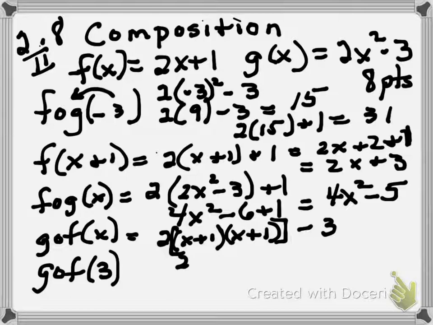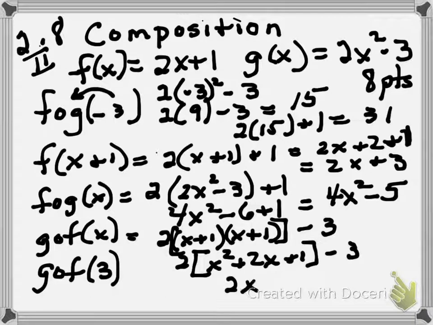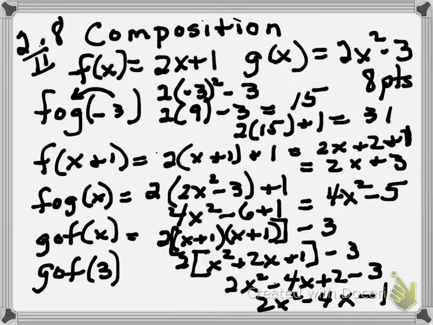So this is going to be 2 times x squared plus 2x, the inside outside, plus 1 minus 3, or 2x squared plus 4x plus 2 minus 3. 2x squared minus 4x minus 1.